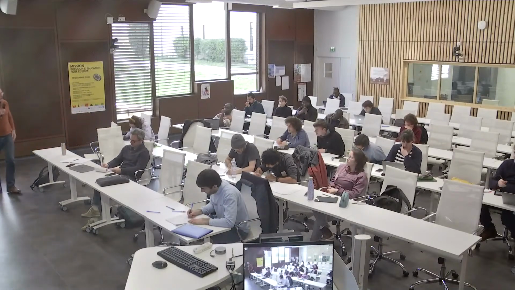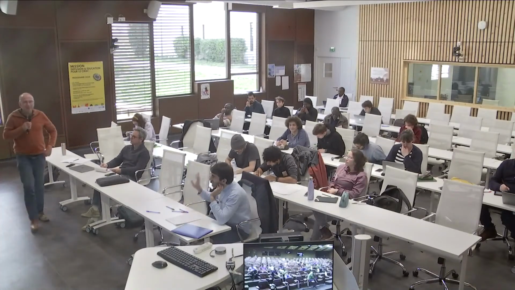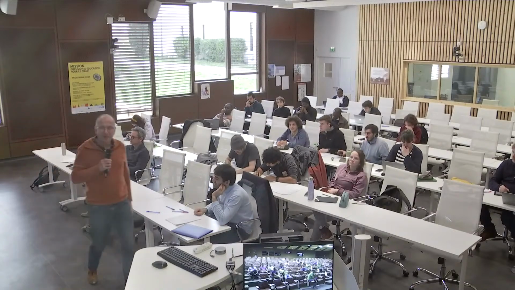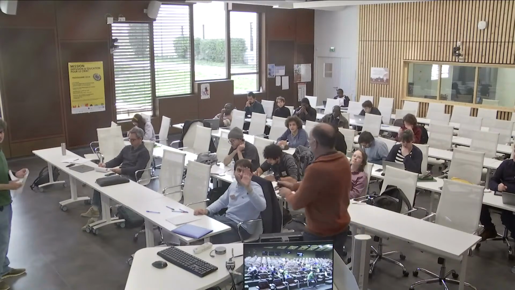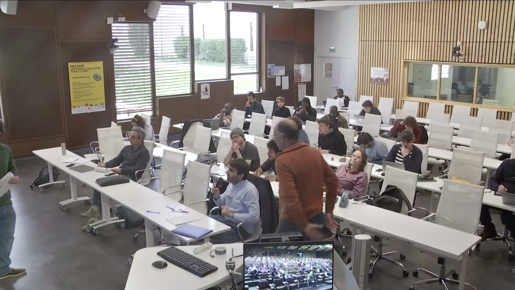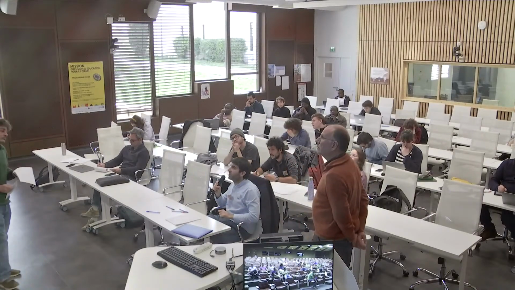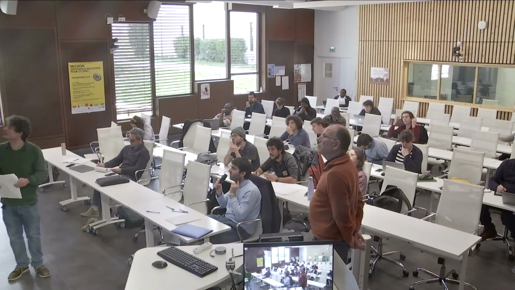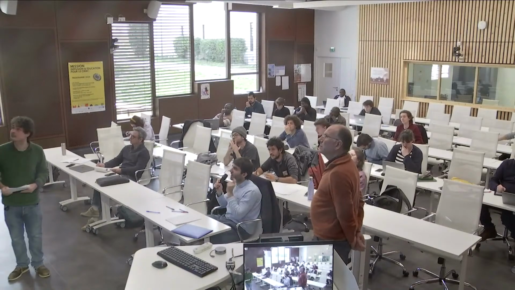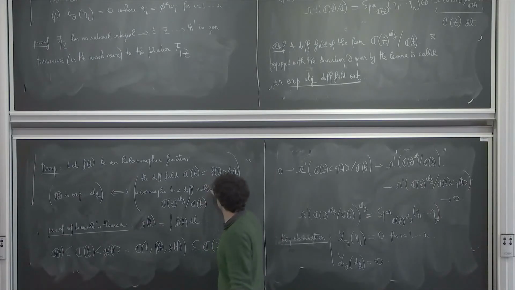So are there any questions? Can you just repeat your notation for the differential field generated by f of t? This is the differential field generated by f of t over C of t.